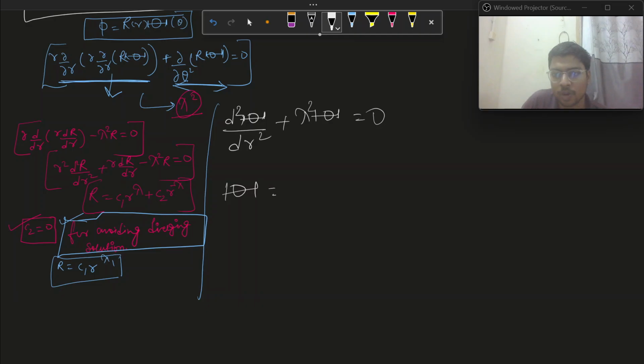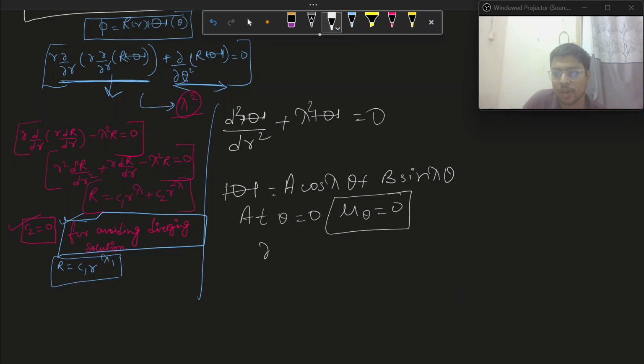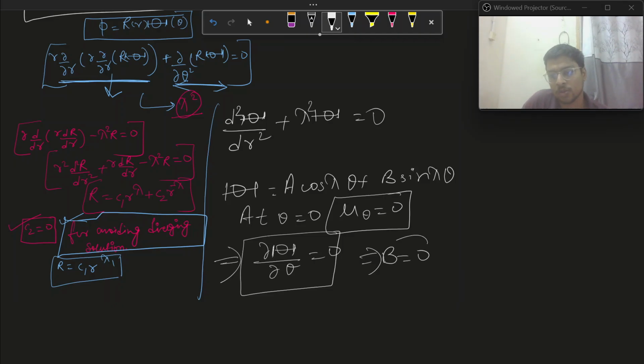So Theta is equal to a cos lambda theta plus b sin lambda theta, and at theta is equal to 0, u theta is equal to 0. So del phi by del theta is equal to 0, which means b is equal to 0.